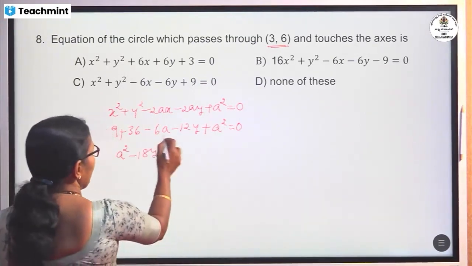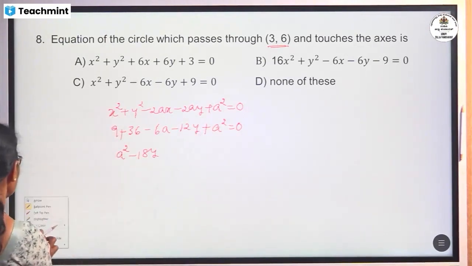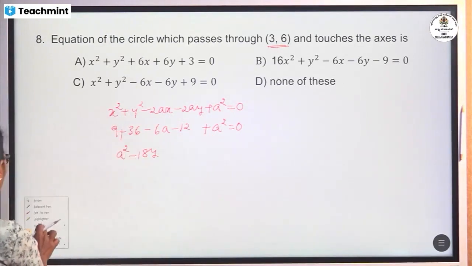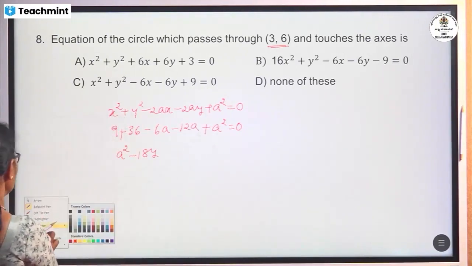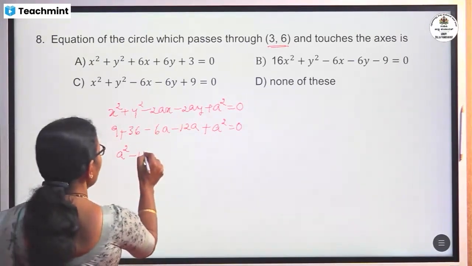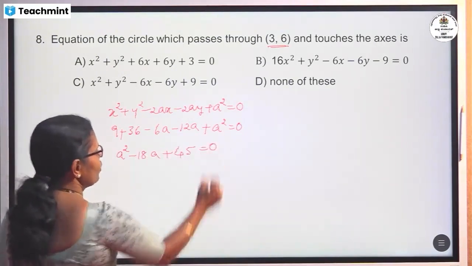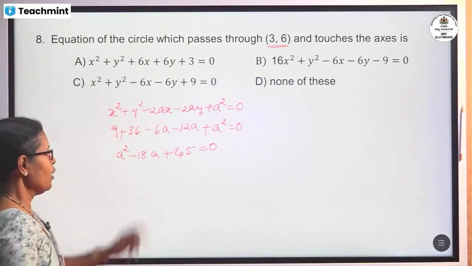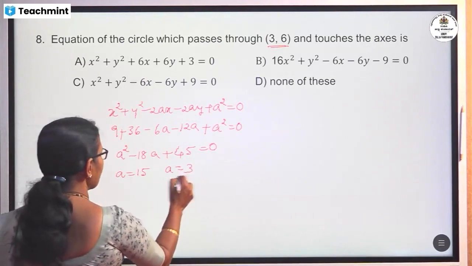Sorry, this one is not y, this is a. So here we get a square minus 18a plus 45 equal to 0. Now split the middle term, then we get the values of a, that is 15 and 3. a is equal to 15 and a is equal to 3.